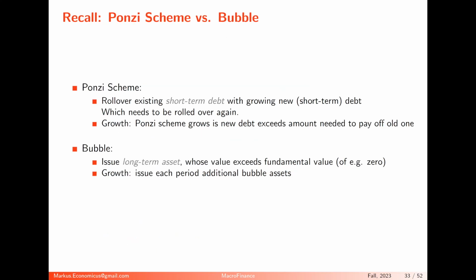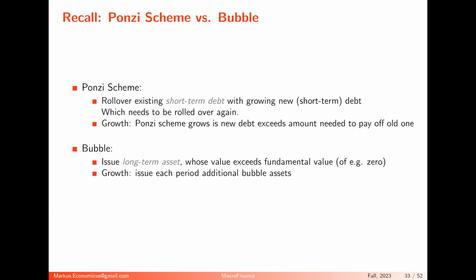So what's a Ponzi scheme, and what's the difference between a Ponzi scheme and a bubble? A Ponzi scheme is where you always issue short-term debt, and then you issue new short-term debt to pay the old one back, and you issue another one-period debt, and you run this Ponzi scheme. In this setting, it doesn't matter whether you see it as a Ponzi scheme or as a bubble. It's like a long-term asset.